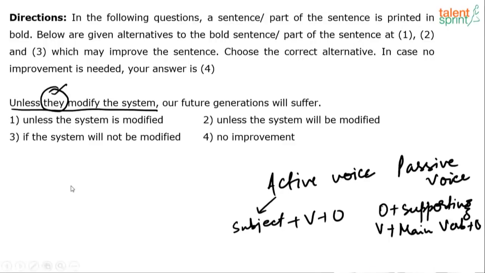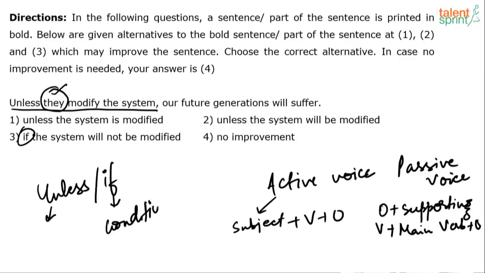It cannot be if, because if is just a condition. What is the difference between unless and if? Unless is also a condition, but it means except if. So when we talk about unless, there is no other way other than modifying the system.